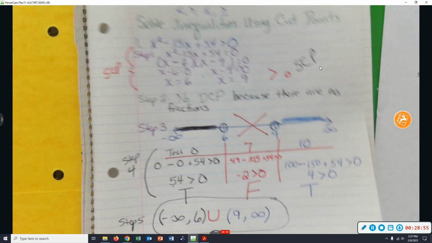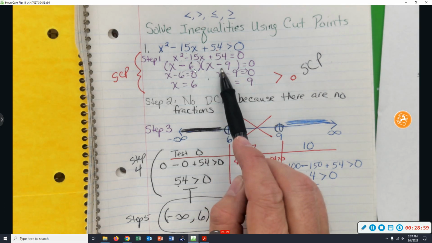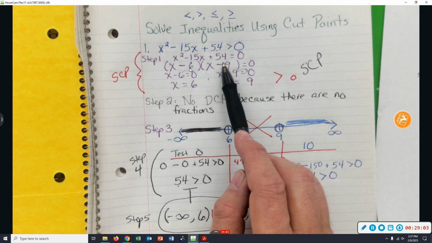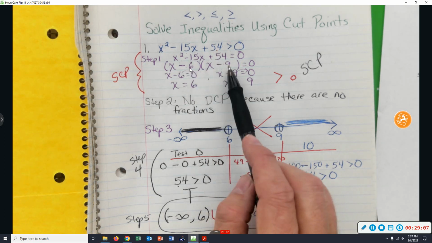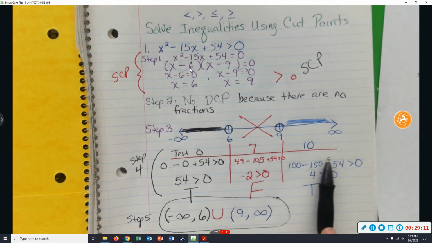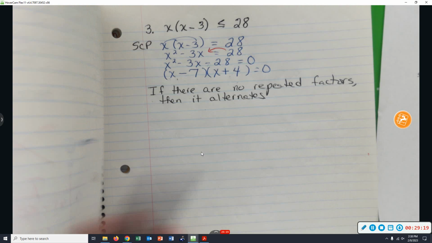Like over here, I knew as soon as we did this one, did we get the same thing in both sets of parentheses? Nope, I knew it was going to alternate. If you've gotten the same thing in both sets of parentheses, then you really need to test every interval. But more than likely, if you got the same thing in both sets of parentheses, you've messed up.